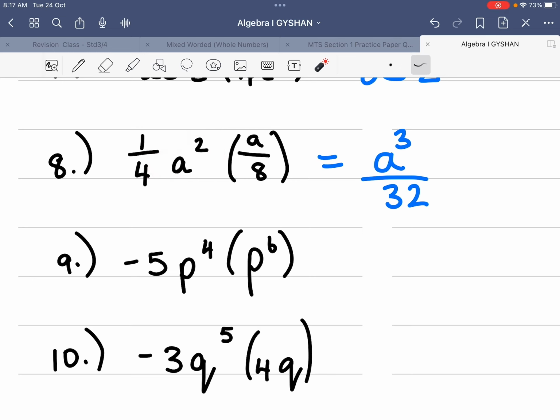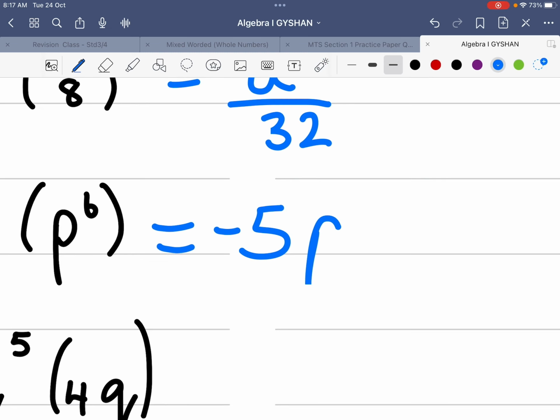Number 9. Negative 5 multiplied by 1, that will give you negative 5. P to the 4 multiplied by P to the 6 is equal to P to the 10.